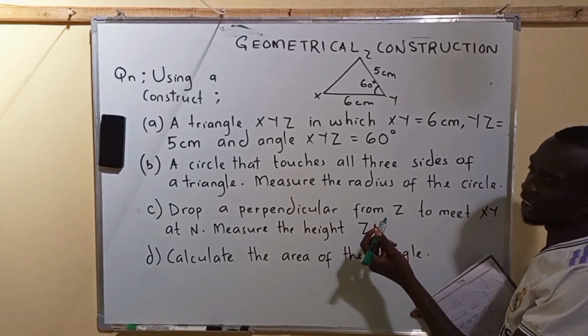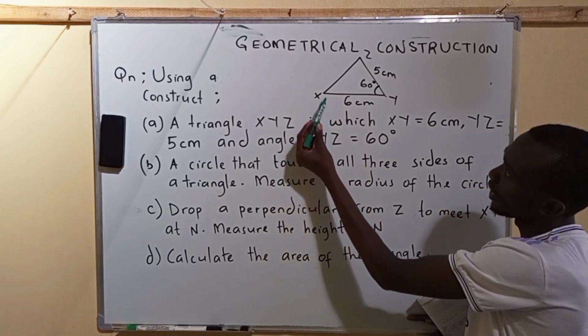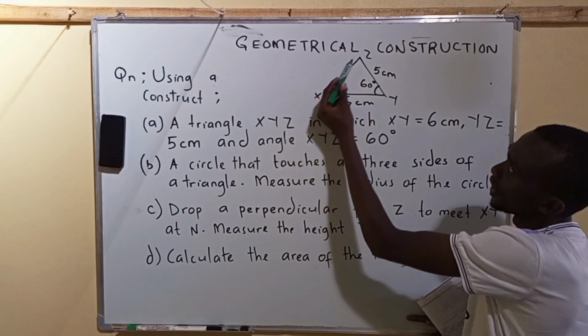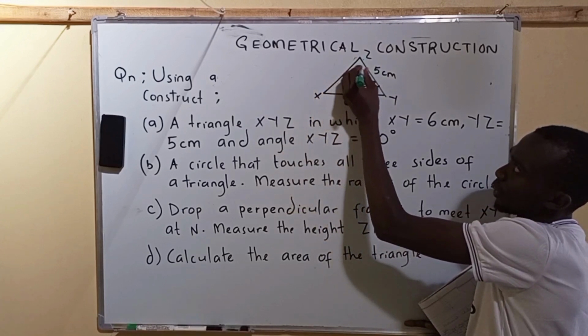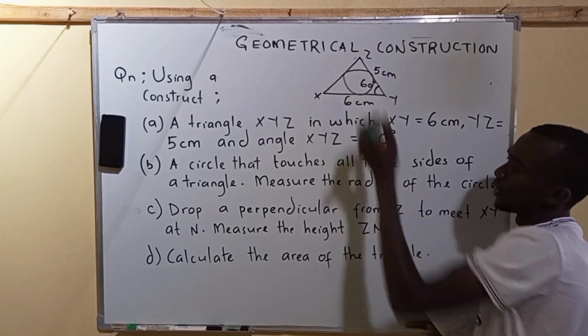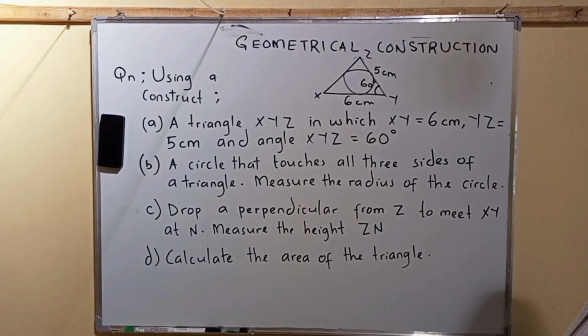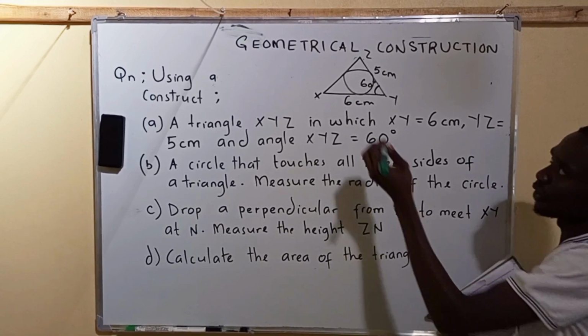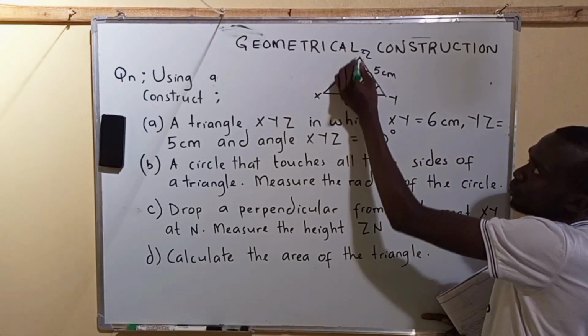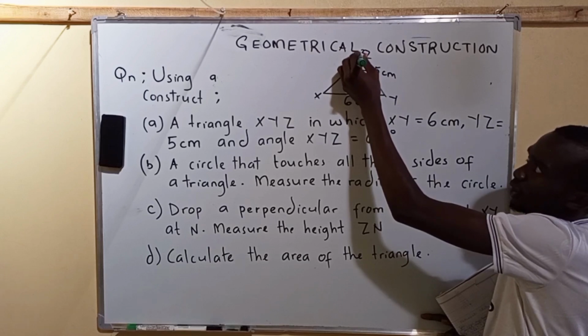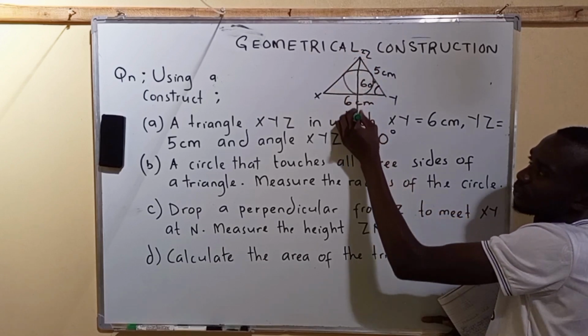Then a circle that touches the three sides. The sides of the triangle are XY, XZ, and ZY. So the circle, an inscribed circle, touching these sides. Then we draw a perpendicular from Z, a line that comes from point Z to touch line XY.